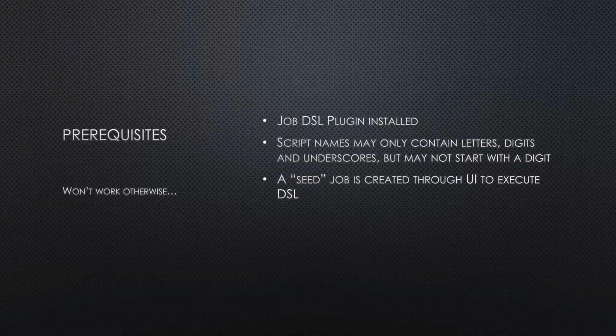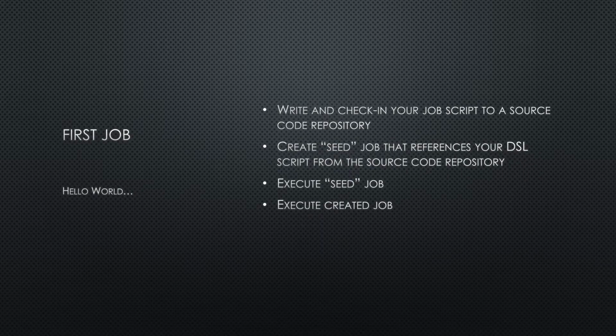First, a little prerequisites. What do you have to have in order to do this kind of work? Not very much. You need the Job DSL plugin installed. It's there under available. It doesn't come by default, so if you start a new Jenkins installation, it's not going to be there. You have to go get it.